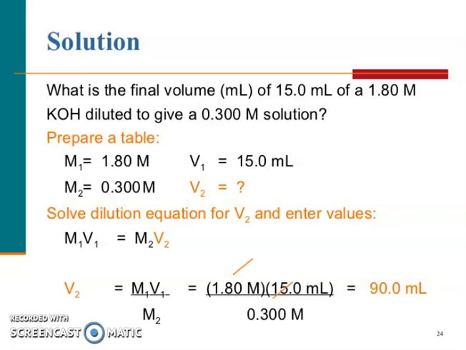You know M1, V1, and M2 from the question. You have to calculate V2. Solve the dilution equation for V2: M1V1 = M2V2, so V2 is equal to M1V1 divided by M2. M1 is 1.80 M, V1 is 15.0 milliliters, M2 is 0.300 M. After calculation you will get 90.0 milliliters.